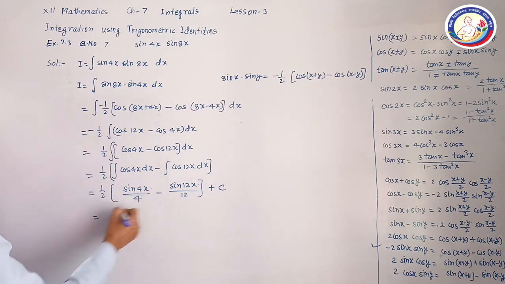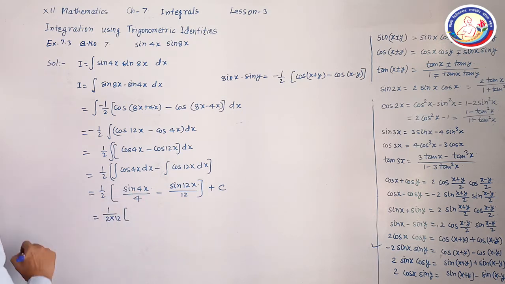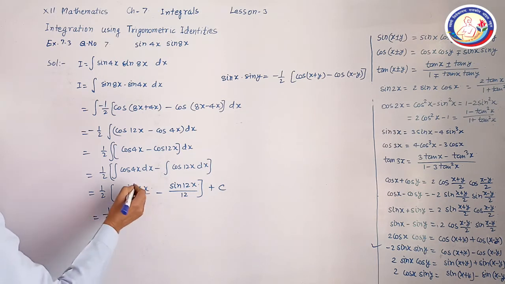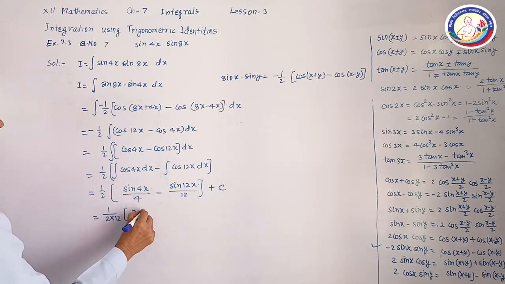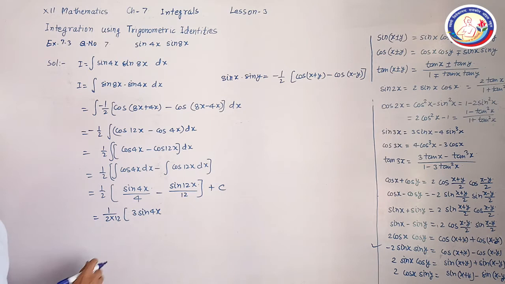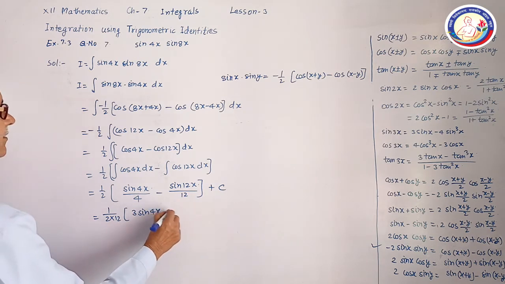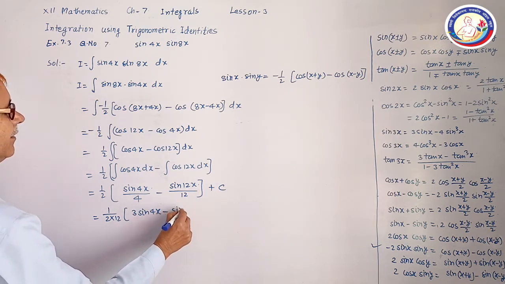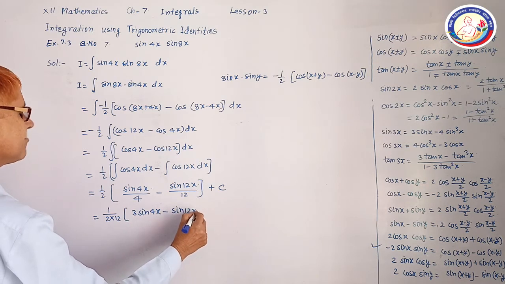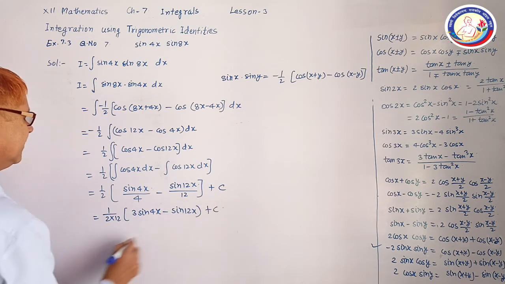Now if you take 4 as common or 12 as common, 1 upon 2 into 12, 4 into 3, that is 3 times sin 4x minus sin 12x plus constant of integration.